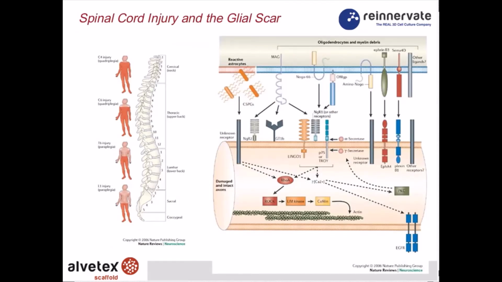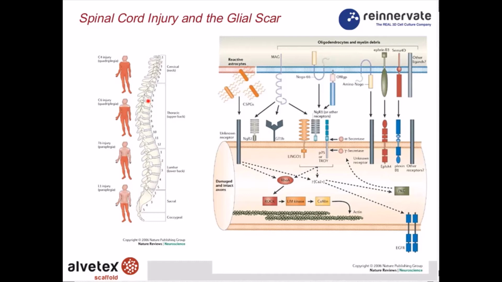So we're using this model to study the formation of the glial scar, and we're interested in how human stem cell derived neurons growing in 3D interact with molecules that are found in the glial scar. The glial scar is formed when there's a traumatic injury to the spinal cord.